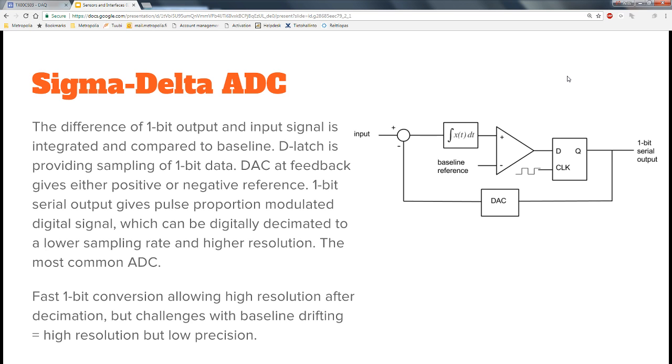So the challenge in here is the baseline drift. And that's the challenge of this technology. So if you need high precision, then still the integrating is almost the only answer.